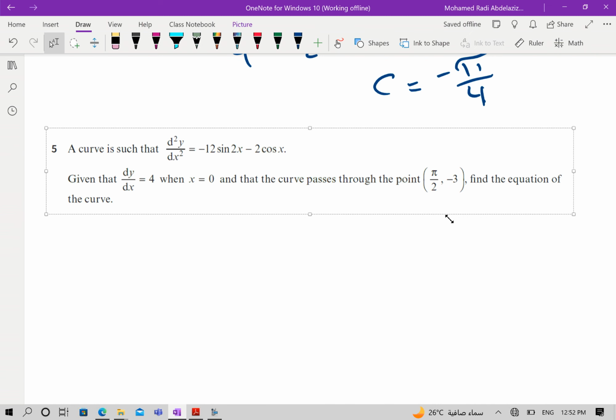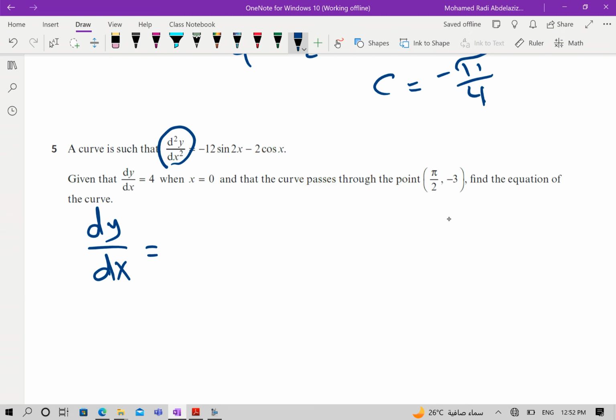The first derivative. You have to give me information about the first derivative to calculate c. Then we'll integrate again. You have to give me a point to get the second value of c. Let's start. Integrate of second derivative will be first derivative.